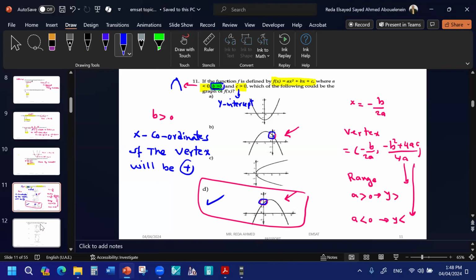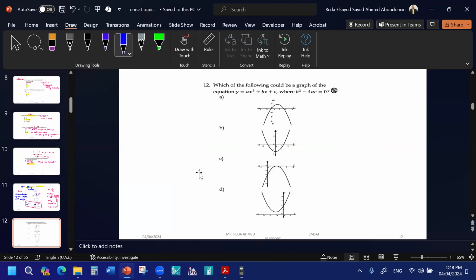Okay? More question? Which of the following could be on the graph? This is the quadratic equation. We said x equals negative b over 2a is the axis of symmetry.